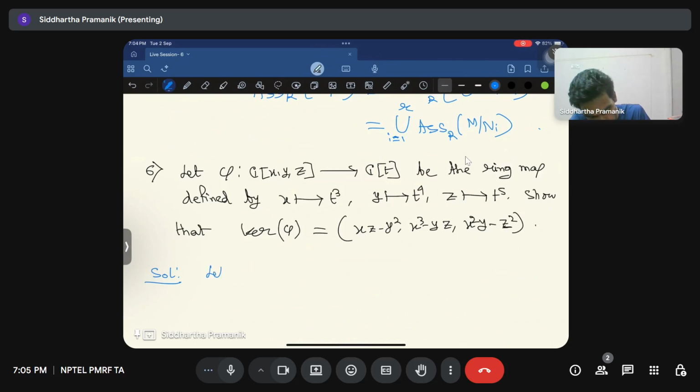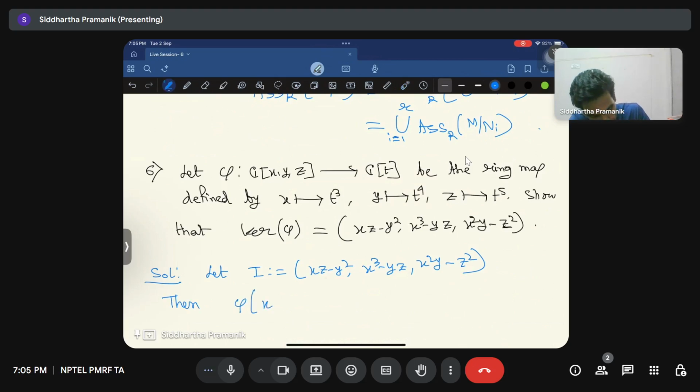So let I be this ideal generated by xz minus y squared, x^3 minus yz, and x^2 y minus z squared. Now if we take the image of these three polynomials, where are they going?